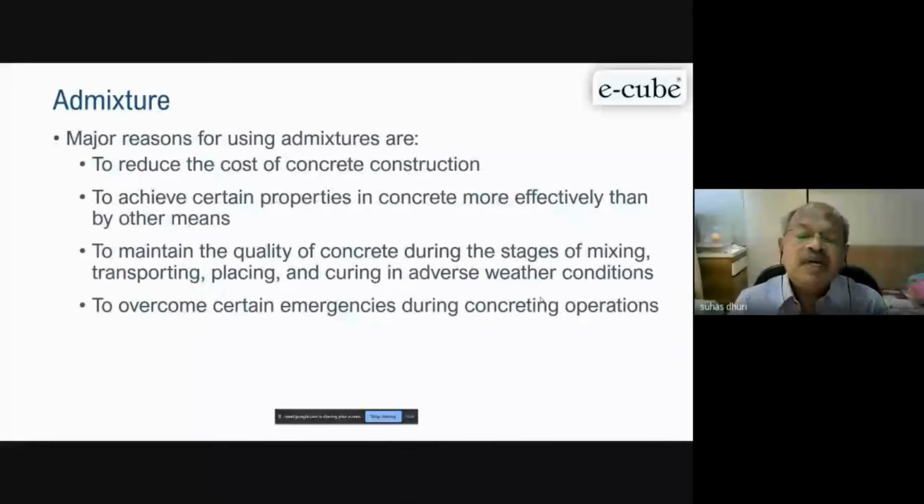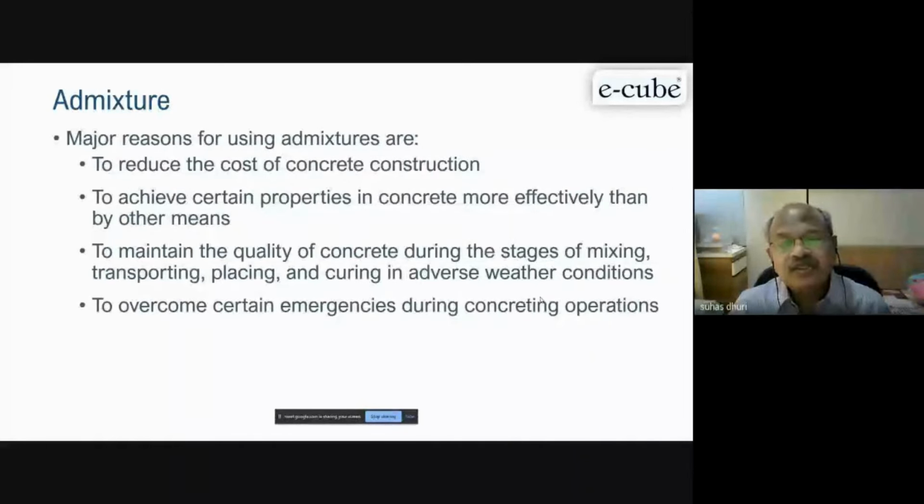In that time, your concrete has set, and then when you put fresh concrete there is a possibility of a construction joint or cold joint. That can be avoided if you use retarders. I can retard my setting time from 2 or 3 hours up to 6 or 8 hours, and then I can avoid those construction joints using a certain type of admixture.